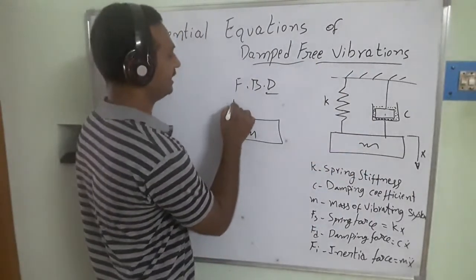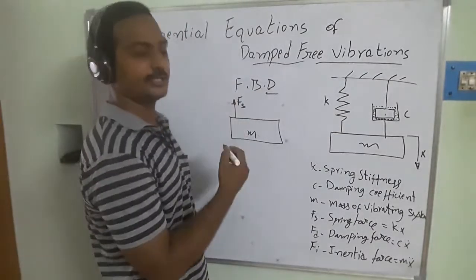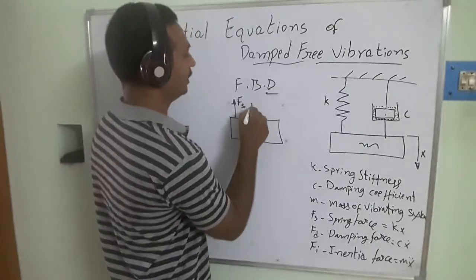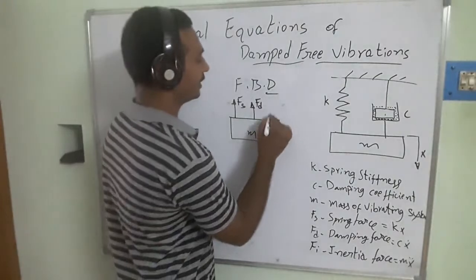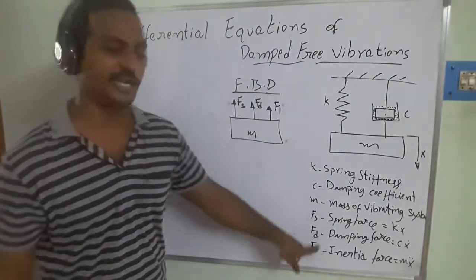Fs is the spring force acting in the opposite direction because internal forces develop. Fd is the damping force, and Fi is the inertial force.